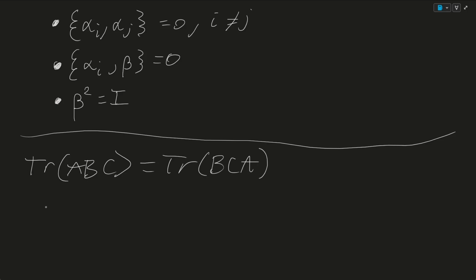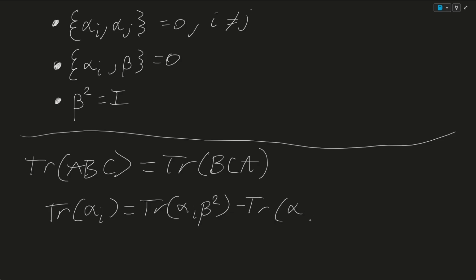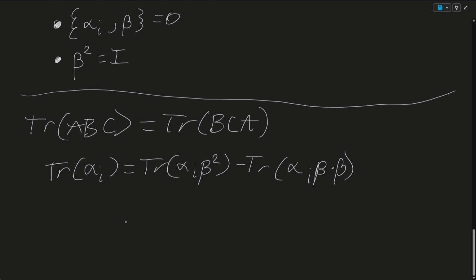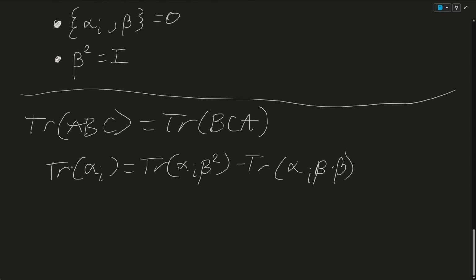So we can say that the trace of alpha sub I is equal to the trace of alpha sub I beta squared, which is the trace of alpha sub I beta times beta.